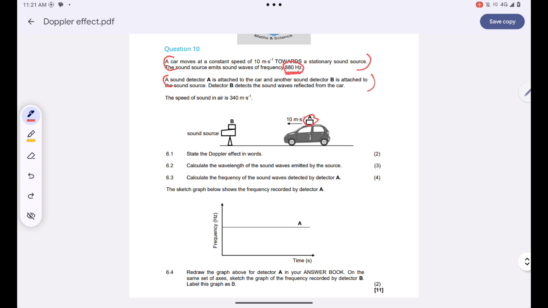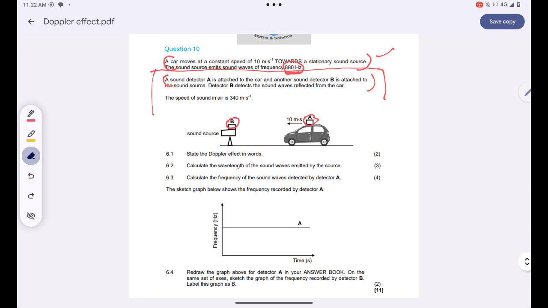A will become the source and then B will become the listener. Since A is moving towards B, it simply means that B will detect a higher frequency compared to that of A. Please do not mix these two scenarios. They are two different things. Are we together? You have one scenario and the second scenario there.